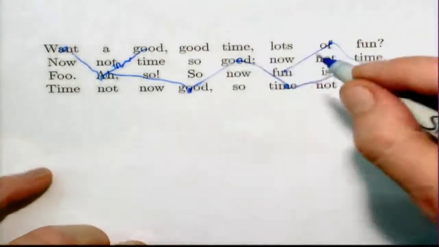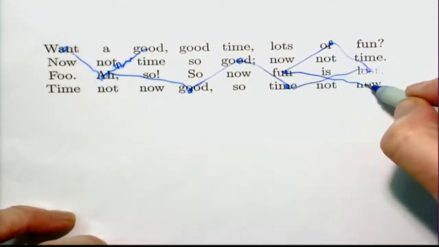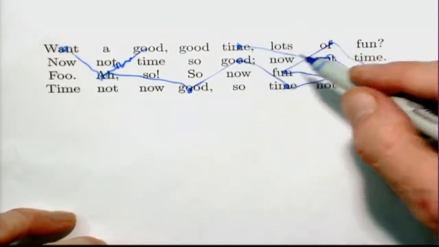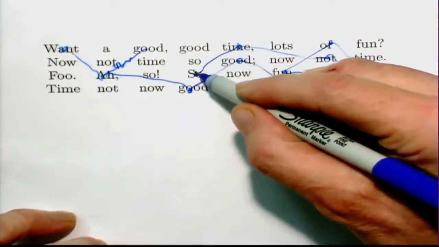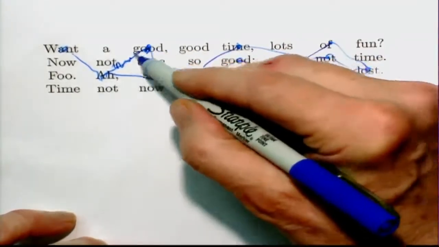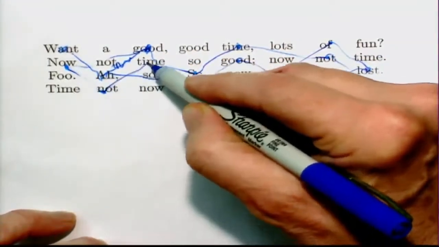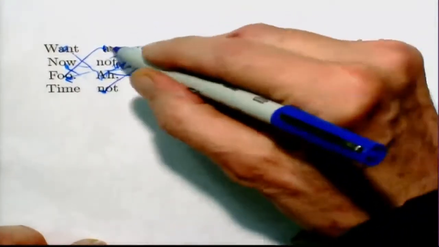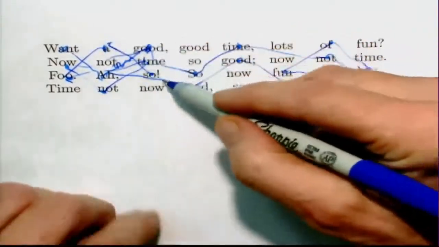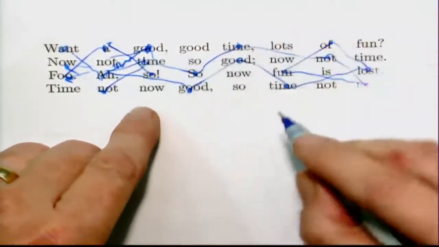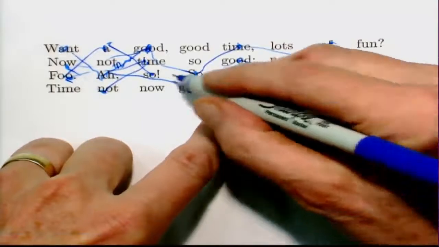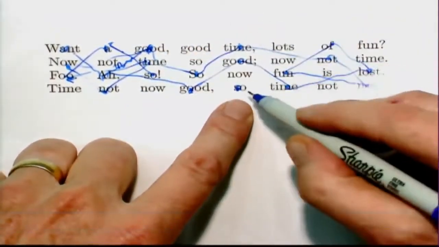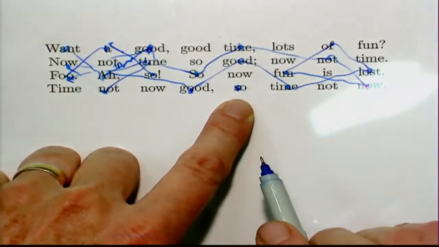Okay, now not time so good. So now not time so good. Now not time. All right, here we are. Now not time. Foo. Okay. So. Oh wait, actually, there are two choices for so here. I don't know which one, but the next one is so in both cases. So I'll have to leave this. Okay. So now fun is lost.